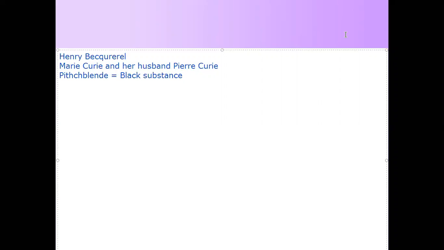They separated that substance and researched its chemical properties.